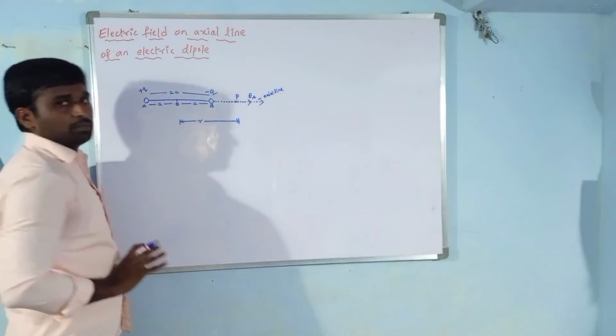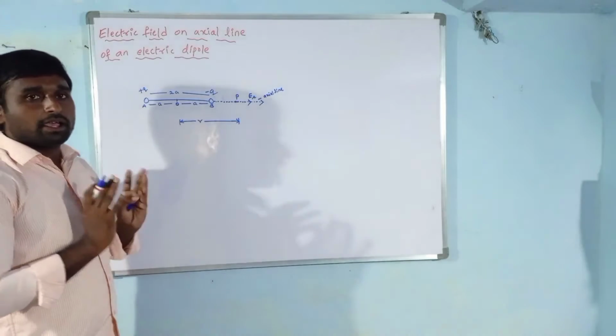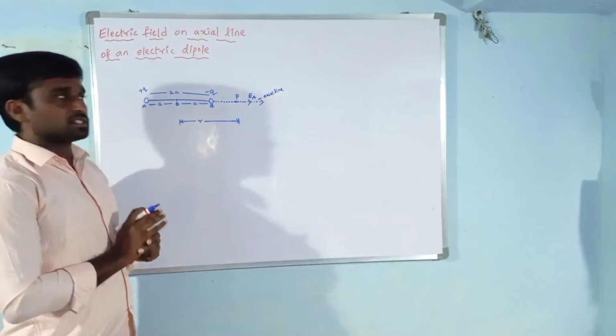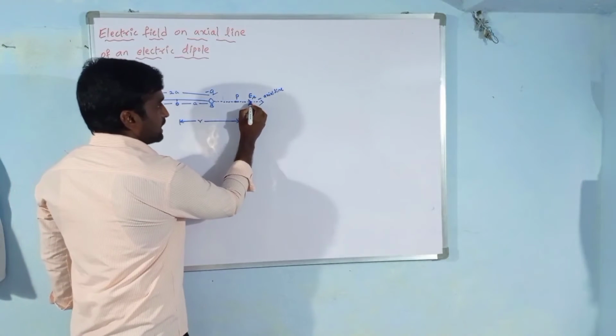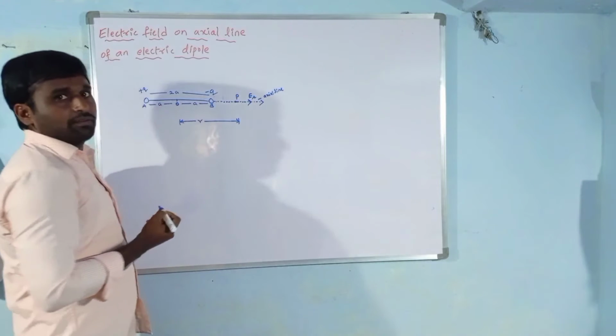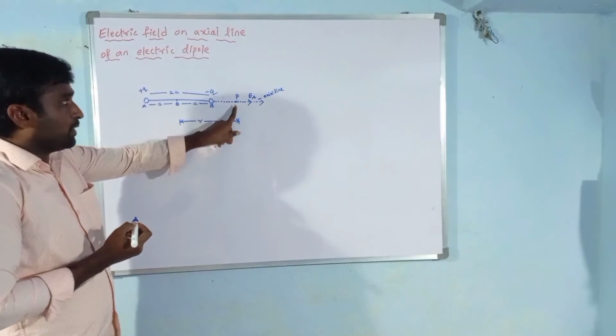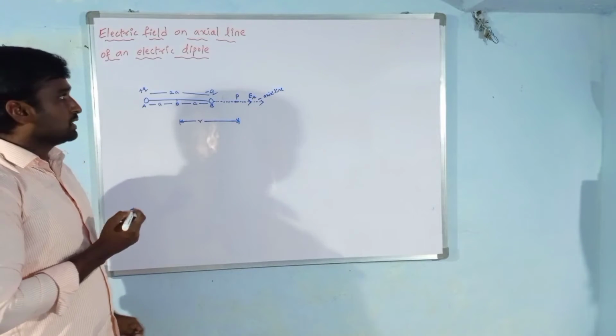That is away from the positive charge. Electric field is always away from the positive charge, so this is the direction of the electric field intensity at point P due to the positive charge.